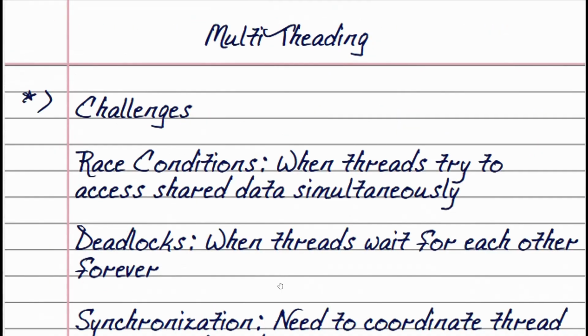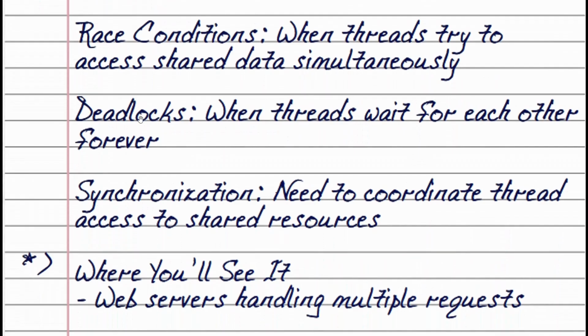Now let's see some challenges in multi-threading. First can be race conditions. When threads try to access shared data simultaneously, then multi-threading can become problematic. Then next can be deadlocks.